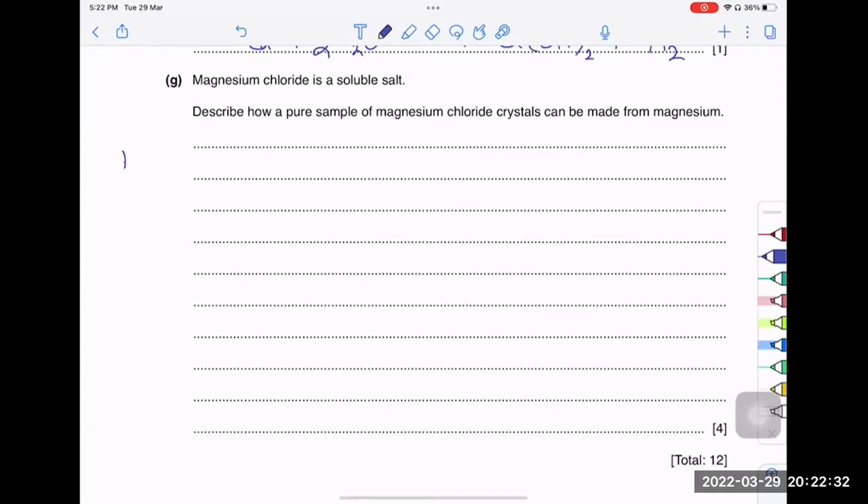What is the name of HCl? If I write this, HCl, what is the name of this thing? Hydrochloric acid. Or this may not be hydrochloric acid. Hydrogen chloride. What's the difference? If it is a gas, it is hydrogen chloride, not hydrochloric acid.